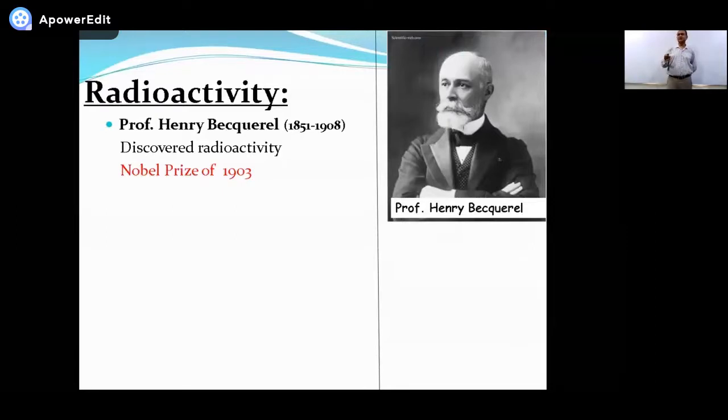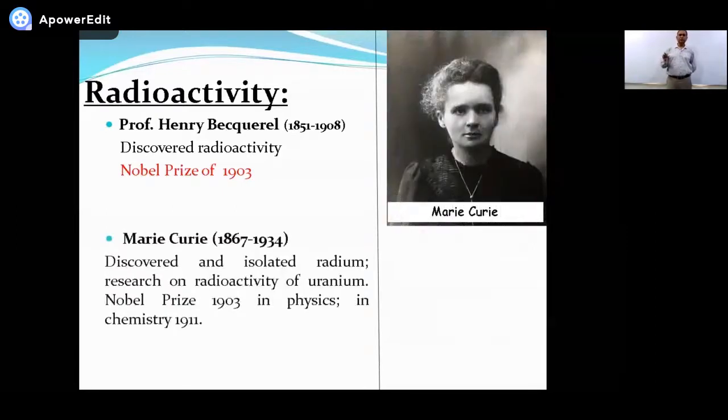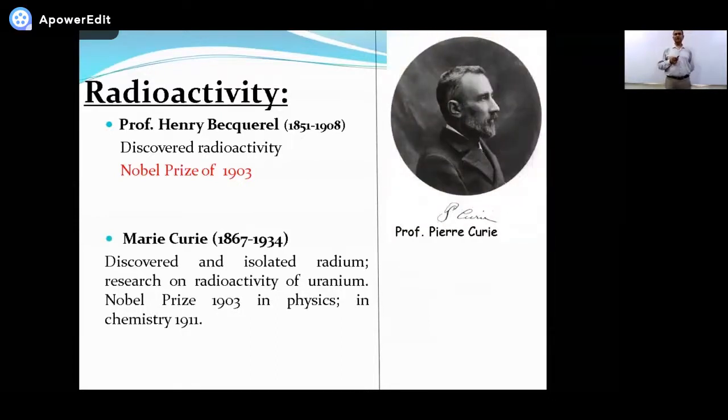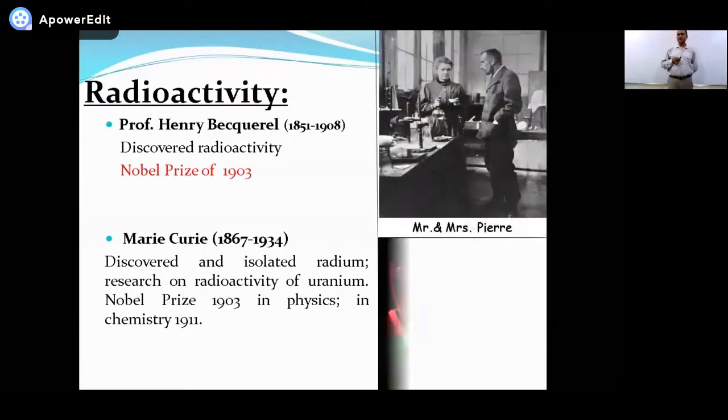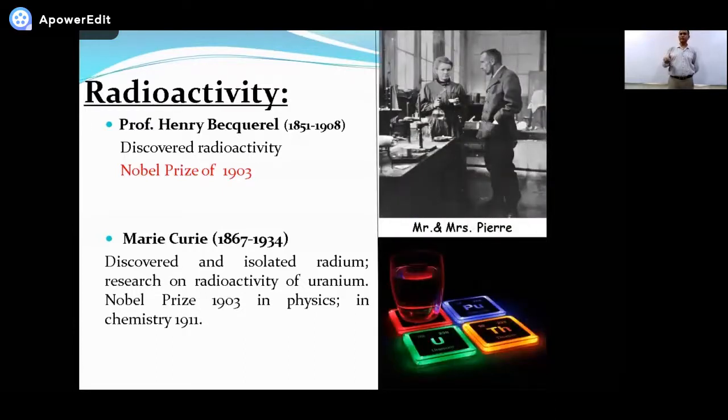And then the two chemists, Pierre Curie and Marie Curie, worked on a mineral called pitchblende and isolated radium from it. Marie Curie got a Nobel Prize for her work in physics, and she got another one in chemistry.